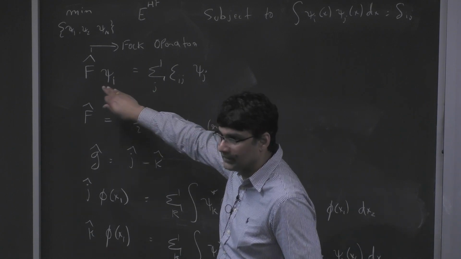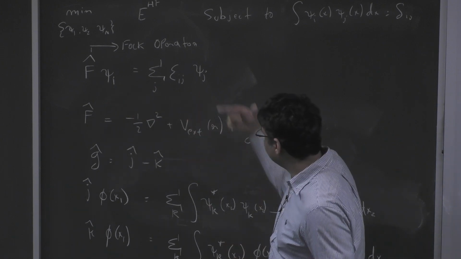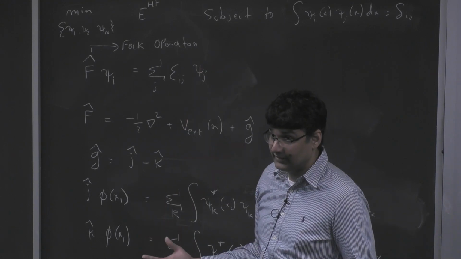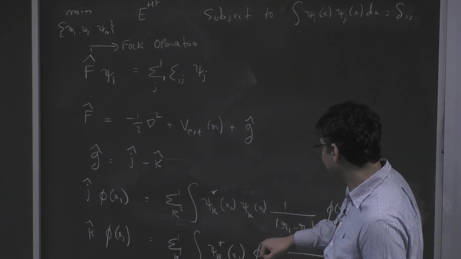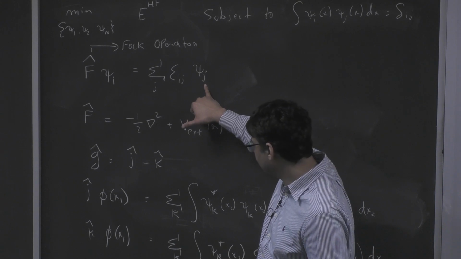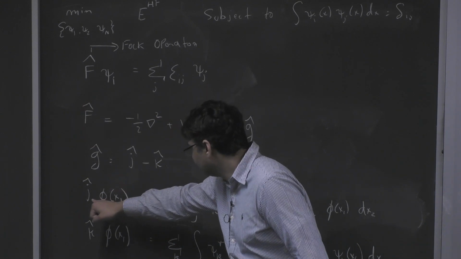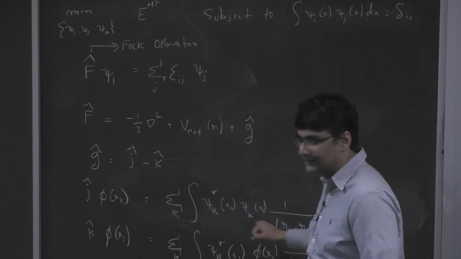But this is essentially a nonlinear eigenvalue problem, and that's what you will see in density functional theory too, where the solutions, the psi's, also appear in the operator, because the action of the operator on any function involves the psi's, right?